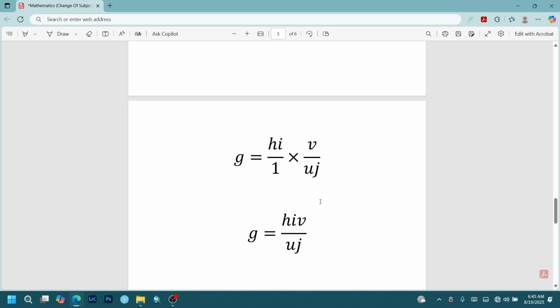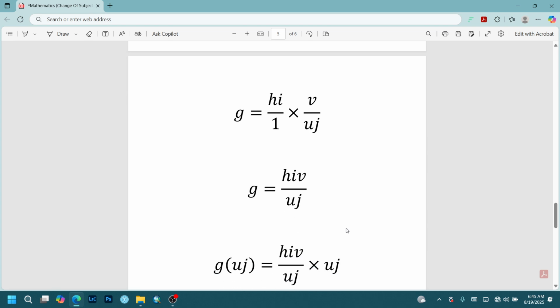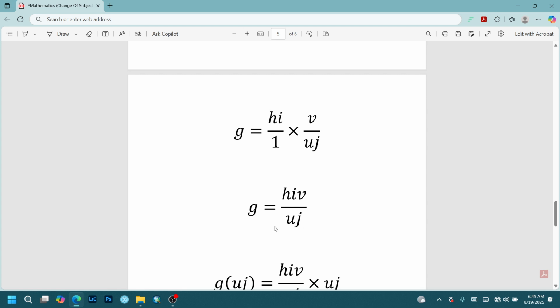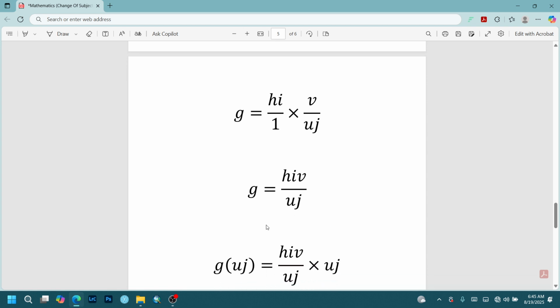So we have our gene to be the fraction hiv over uj, right? So this gene here has an invisible 1 here, as I explained earlier on, because every number is divisible by 1.